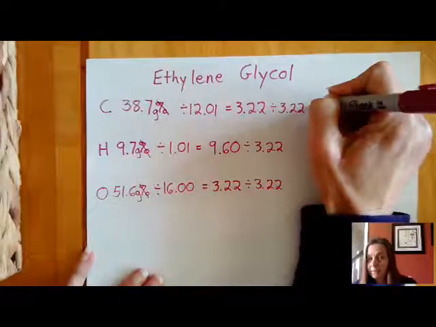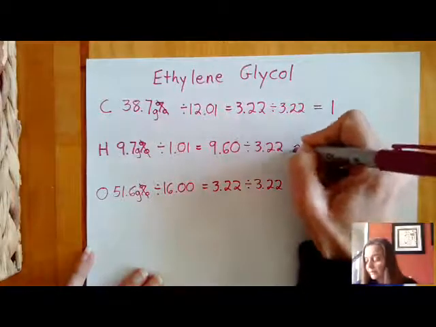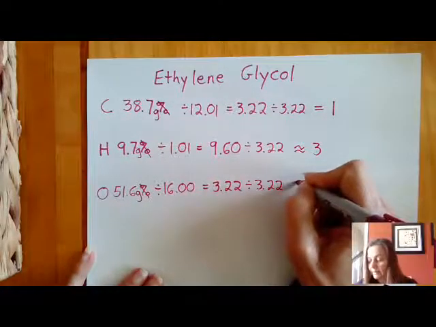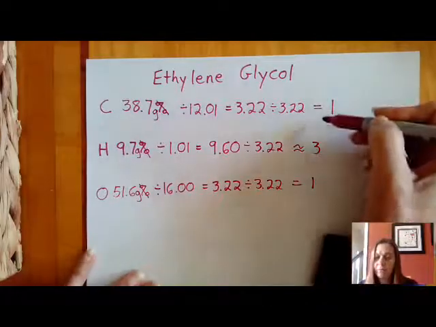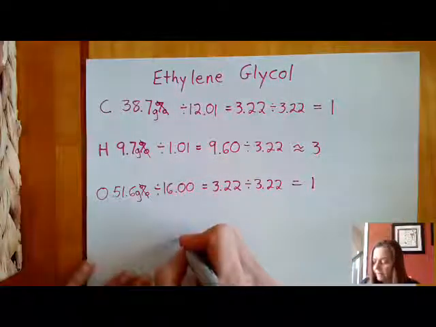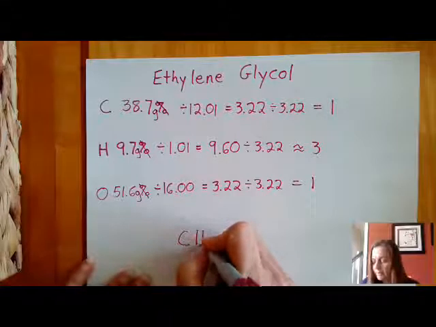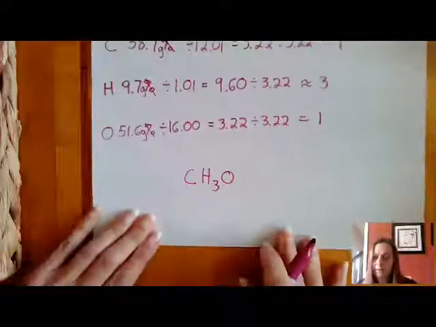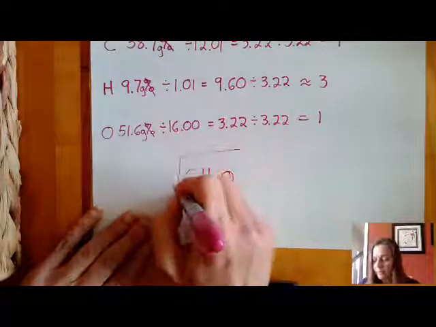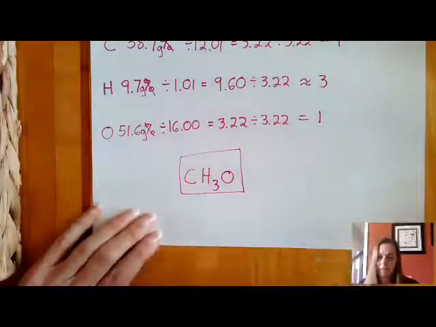That's going to give us 1 and about 3 and 1. Now, again, we have whole numbers, so I don't have to multiply by anything, and we have CH3O. That's going to be our final answer for our empirical formula for ethylene glycol.